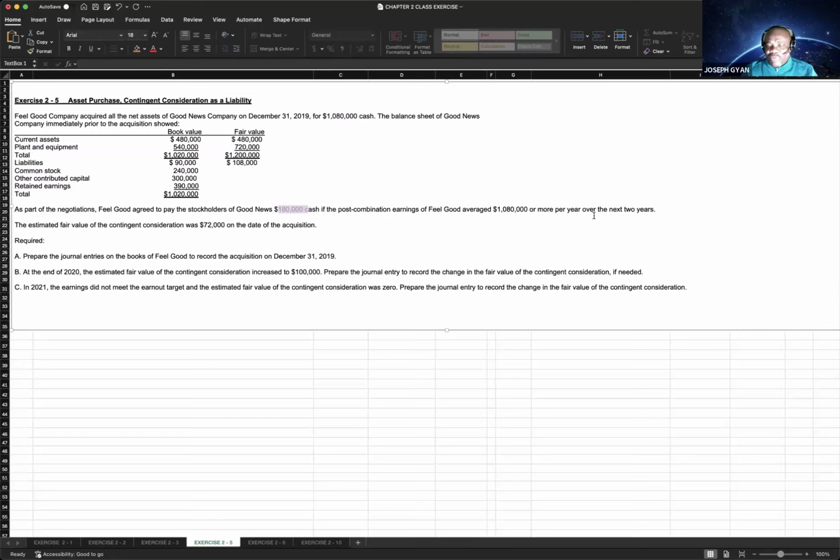So what does it mean? It means that Feel Good is assuring the Good News Company, which is now a subsidiary under the Feel Good Company, that if you continue your earnings for the next 2 years, if you keep the pace by getting 1,080,000 and above, then we promise you that we are going to give you a cash of 180,000 for free.